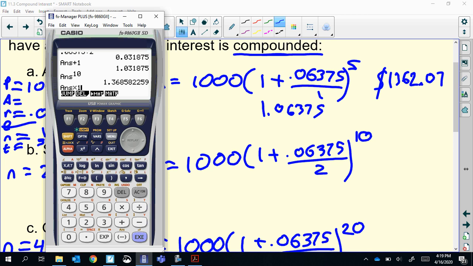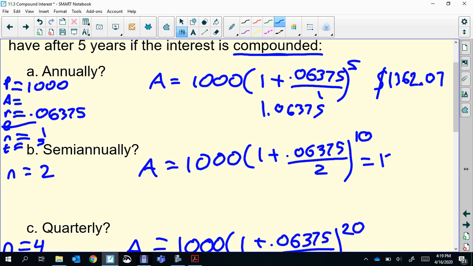And then times the 1,000 in the front. 1368.58. So a little bit more. And all that changed is they compounded that money more frequently, which means that interest got added on and then started collecting more interest. So it does grow faster the more it's compounded.